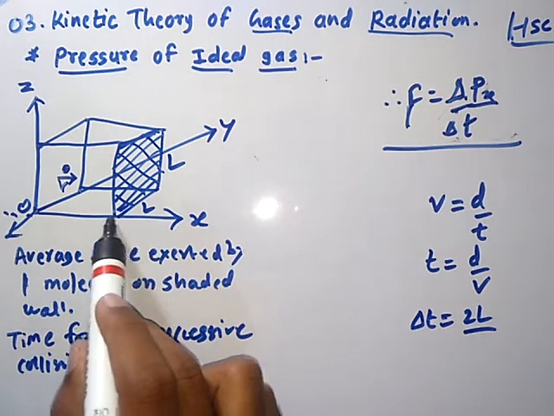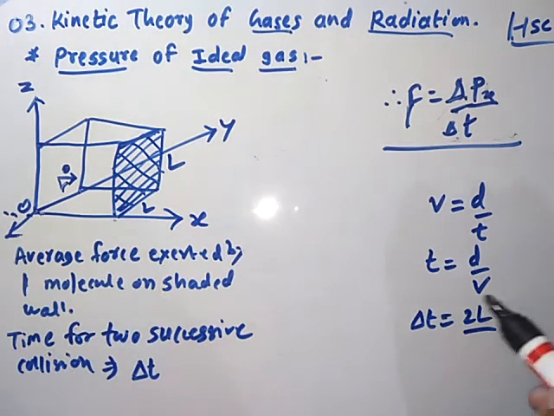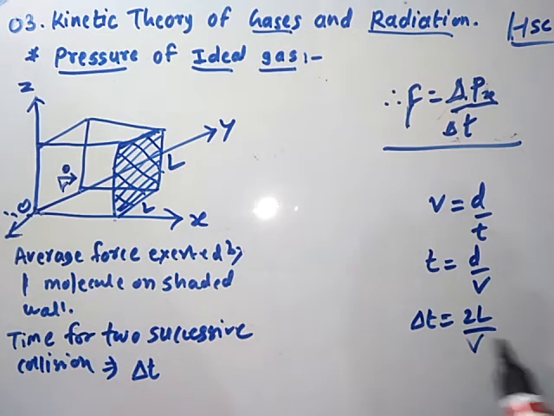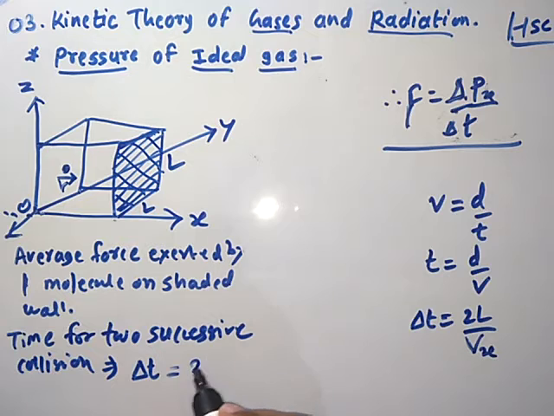So it covers l plus l, that is 2l amount of distance. The velocity of that particle is v, or vx, which is nothing but velocity along x-axis. So delta t is equal to 2l divided by vx, the time for two successive collisions.